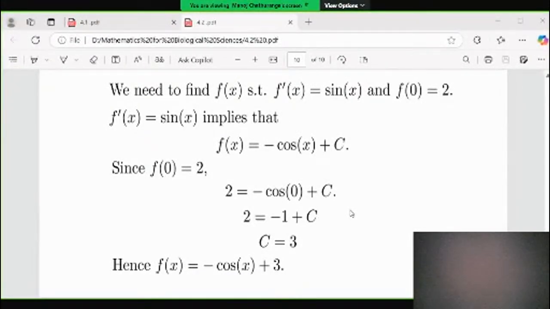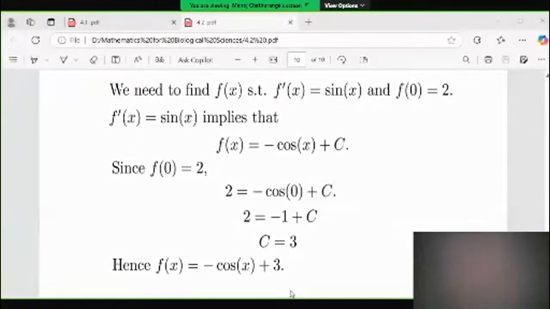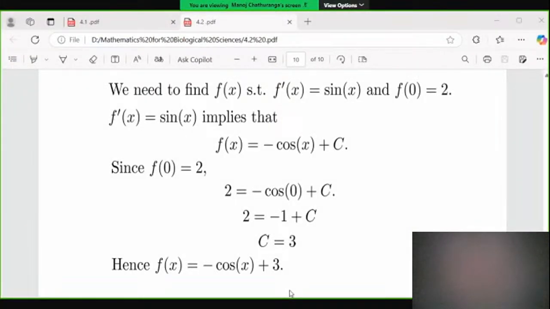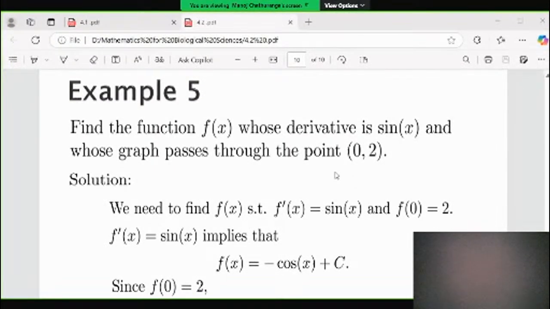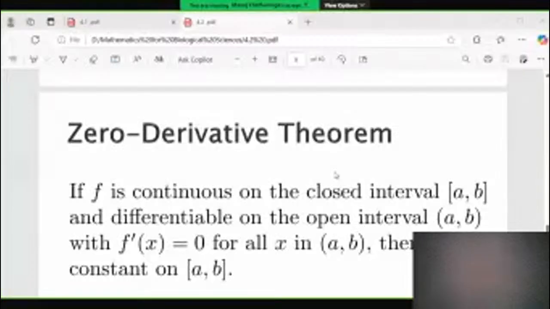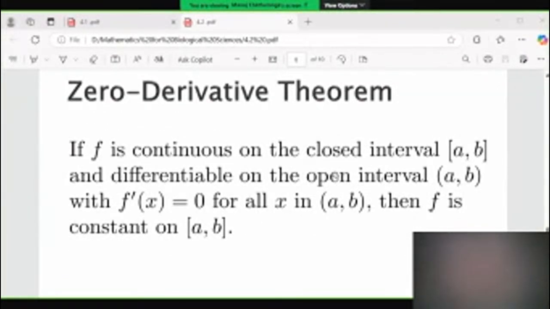So the derivative of this function is actually sin x. You can see, take this equation and differentiate it, and you would get sin x. And also when x equals 0, the y coordinate is 2. So it satisfies both of the given conditions. So the constant difference theorem and the zero derivative theorem are sometimes helpful.